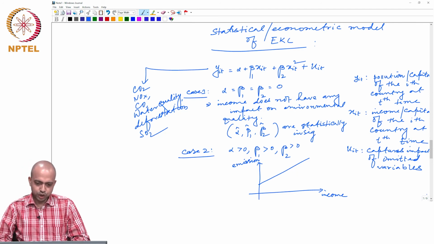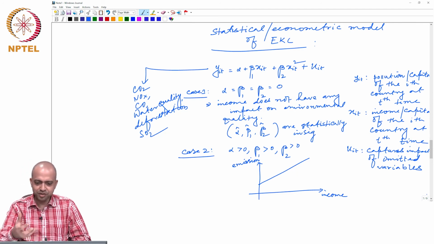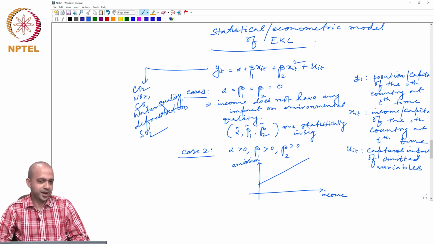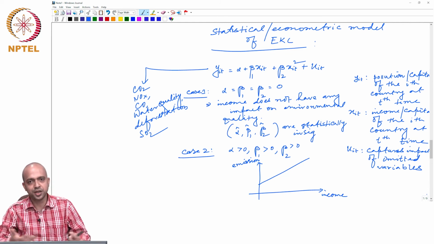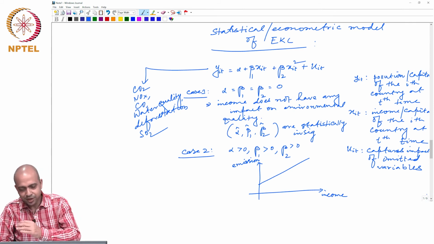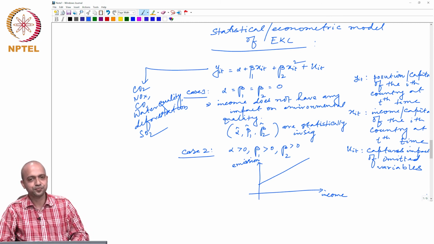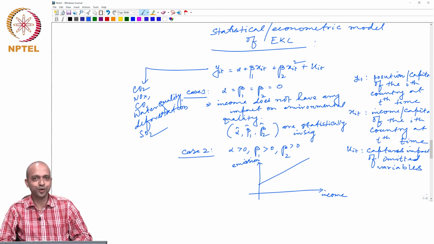Okay. So, that means out of these we have discussed 5 cases, and after estimation any of these 5 cases may emerge from your statistical modeling. That means we may or may not get an EKC type of relationship between income per capita and the emission per capita. There is no guarantee that I will always get that type of relationship. Okay? There is no guarantee.